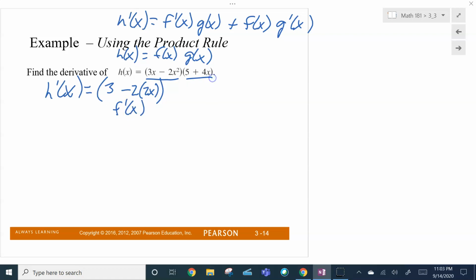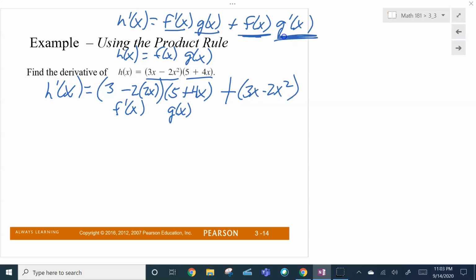times g. So I just leave this alone. 5 plus 4x. Okay, so I've done f prime of x, and then I just left g of x alone. Plus, now I leave f of x alone. So I just write 3x minus 2x squared. And then I take the derivative of g of x. So I got to take the derivative of that one. So derivative of 5 is 0.